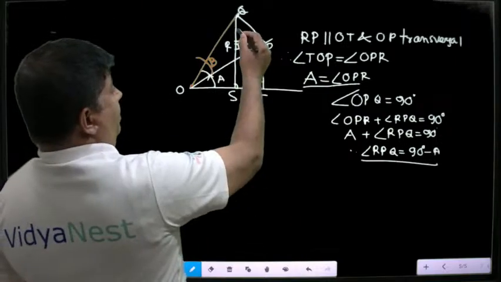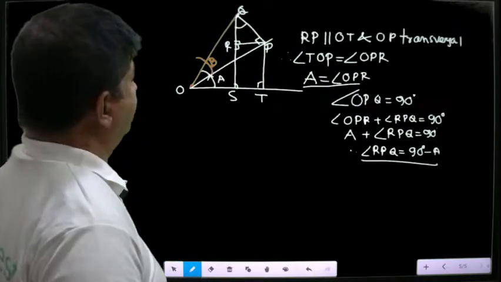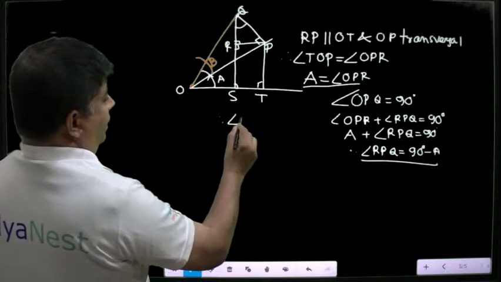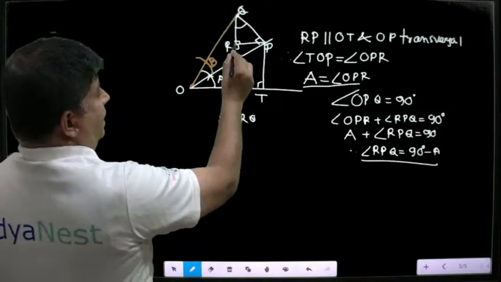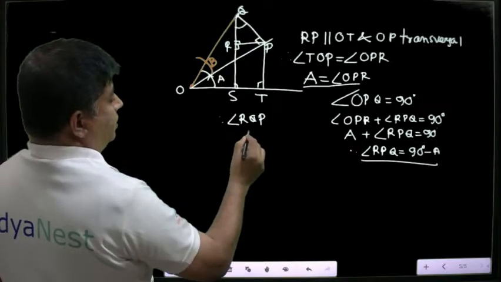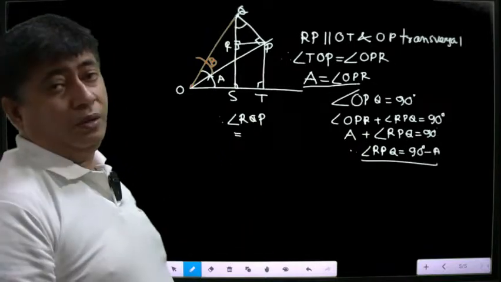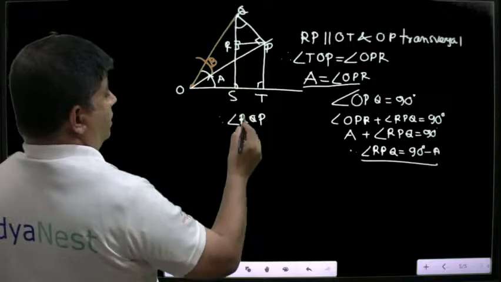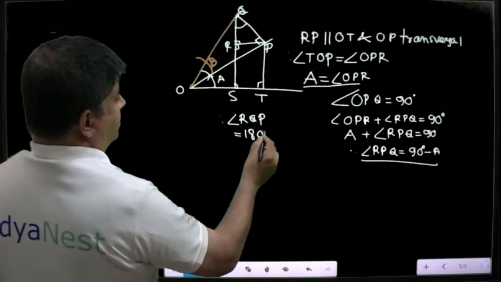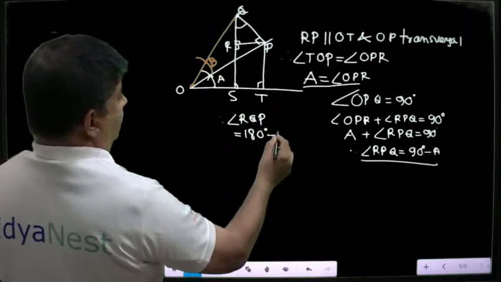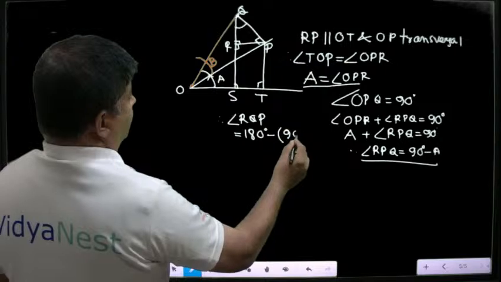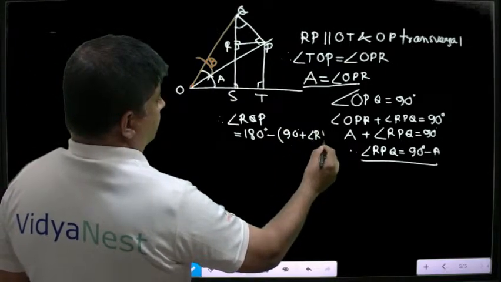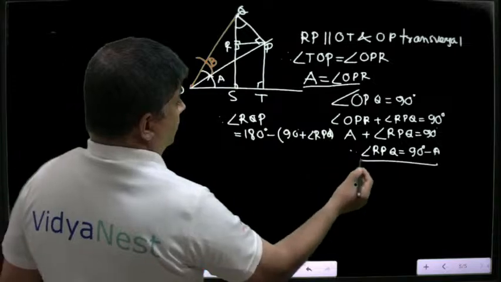So what about angle Q? See, therefore, angle RQP, this is 90 degree. So you are mature enough to measure RQP now: 180 minus (90 plus RPQ). What is RPQ?